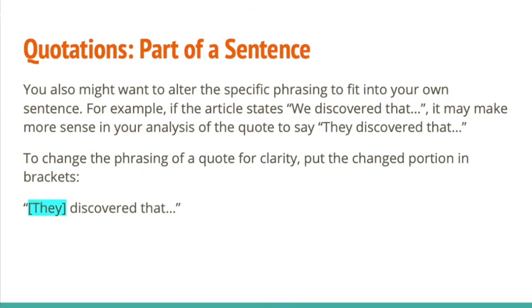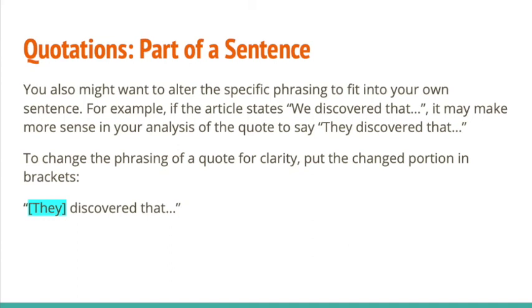If you want to include a quote as a part of a sentence, but you find that the grammar doesn't make sense when you include it in your own sentence, you can change the quotation, but you have to show the reader that how you're changing it is not how it was in the original source.